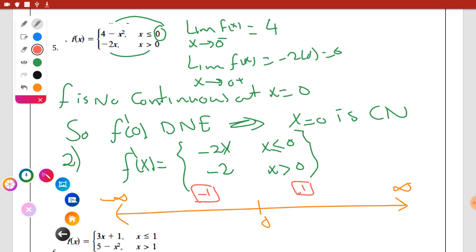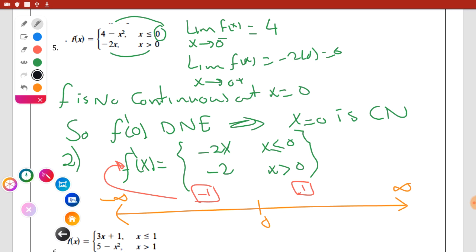Now here I have to replace in the derivative. Not to find the value, I'm sorry. I don't care about the value of the derivative, but I care about its sign, which tells me the behavior of the function.